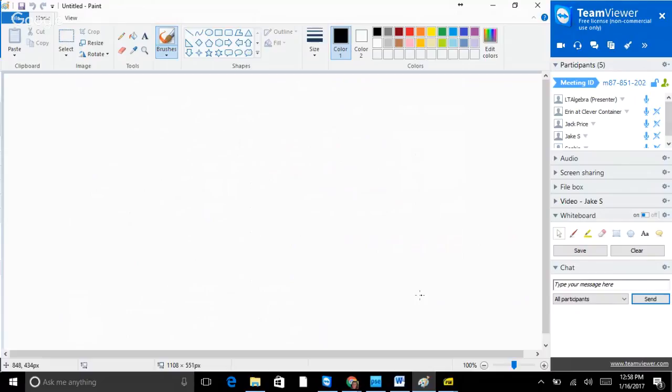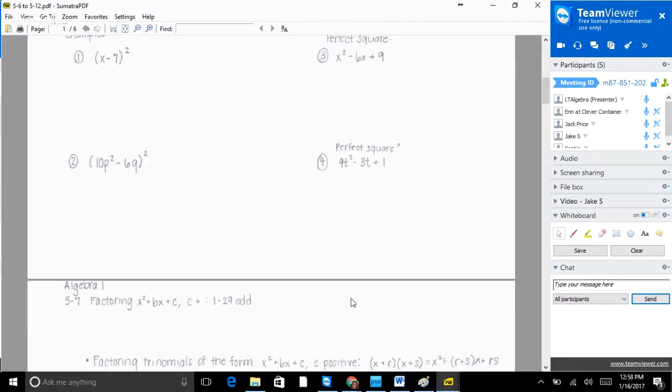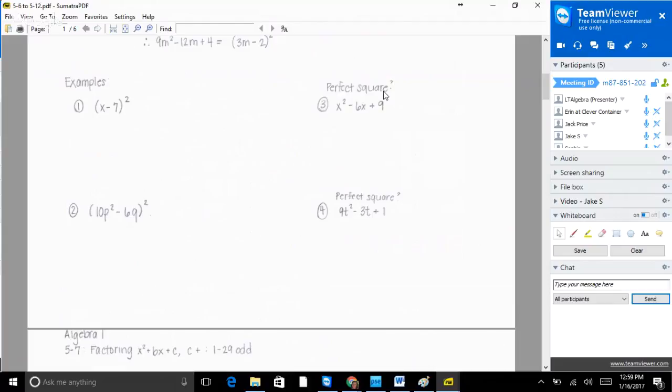So now what we're going to do is kind of work back the other way. Okay? So what do I mean by that? If you go to your notes, it's going to ask you if this is a perfect square. So these examples that we were doing, how they kind of rolled up together into one, these are called perfect squares. That's why I said that's like a special case, but you do it the same way as everything else, right?